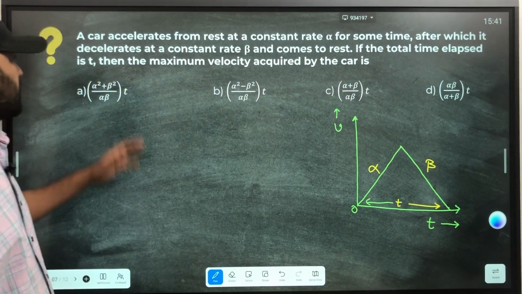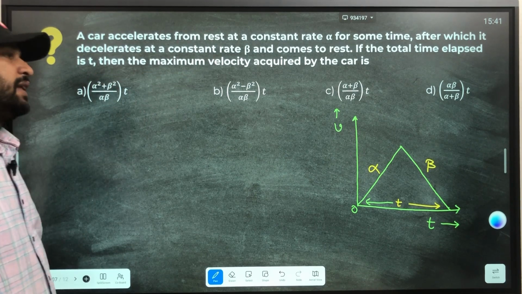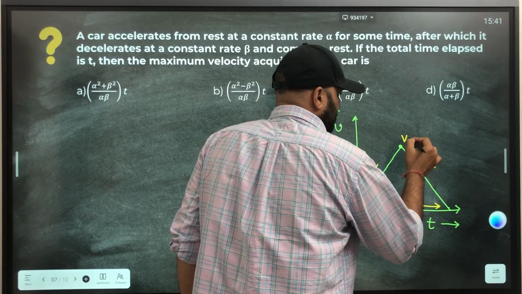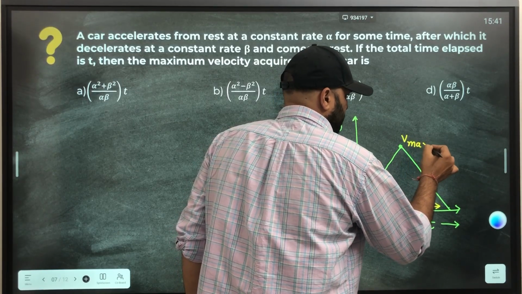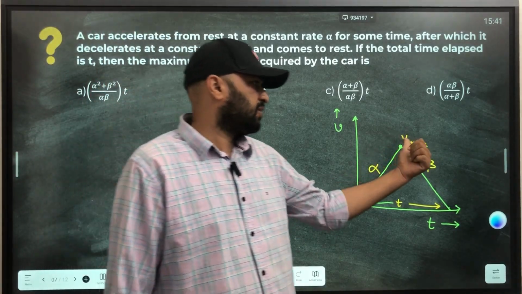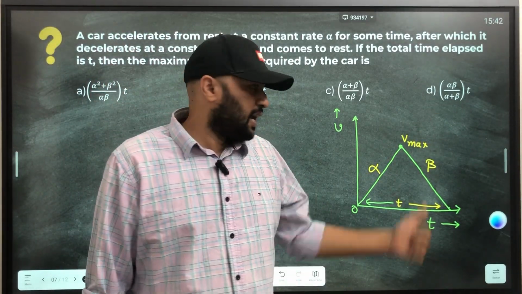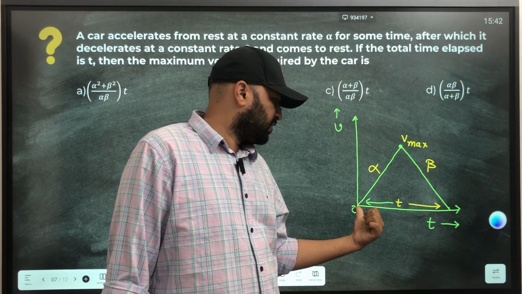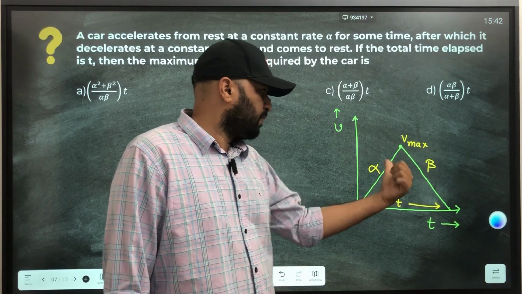Then the maximum velocity acquired by the car will be how much? Let us assume that at this point the car is achieving the maximum velocity, Vmax. This Vmax is the maximum velocity. It will go from O to this point.